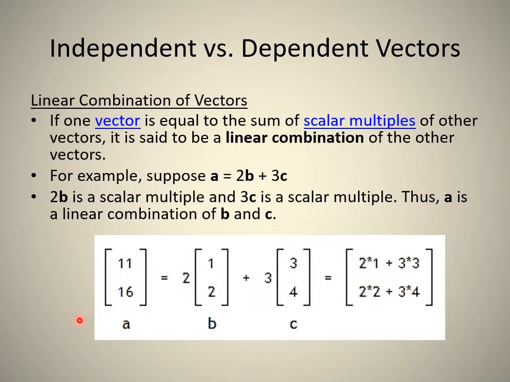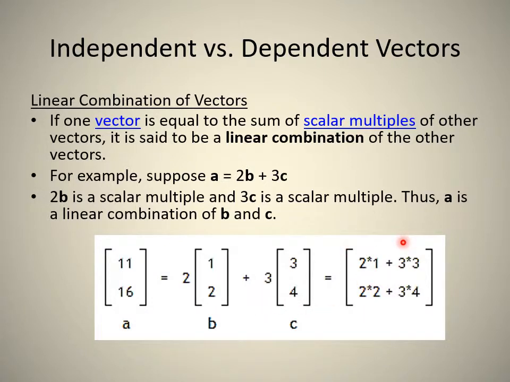So let's look at this example. A is a column vector, in this case 11 and 16, but it's linearly dependent on B and C because it's basically B times 2 plus C times 3.